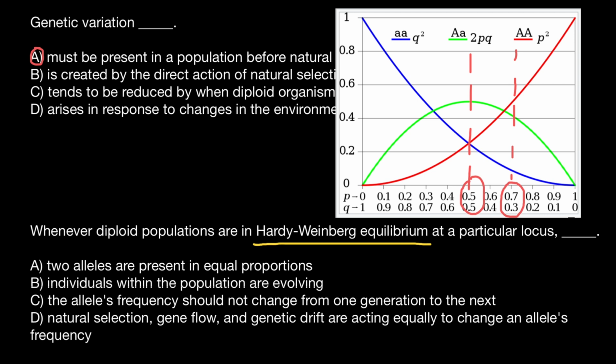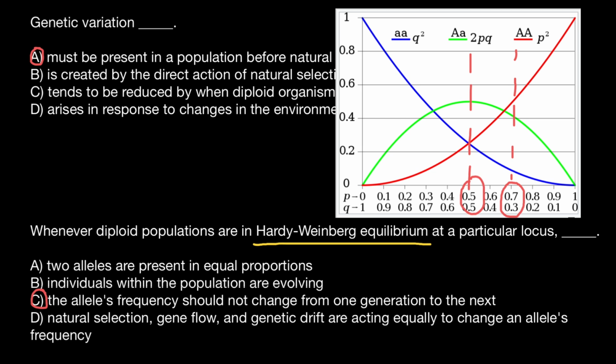And next statement C, the allele frequency should not change from one generation to the next. Exactly what I said previously. This is the right description of Hardy-Weinberg equilibrium. One more time: the allele frequency should not change from one generation to the next. This is the Hardy-Weinberg equilibrium definition, and this is going to be our choice.